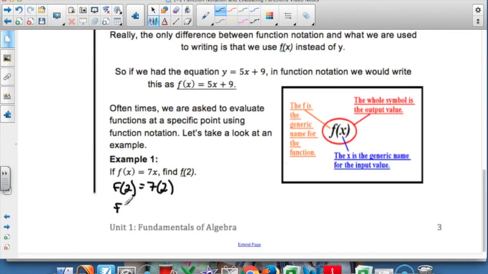So what I get then is f of 2 equals, well, 7 times 2 is 14. So that's my answer. You'll notice that I didn't just delete that x and replace it with a 2, because then I would have had something that looked like this, and I would think that's 72. Remember that this means 7 times x, so you've got to put something there. I usually use parentheses to let me know that I'm multiplying 7 times that 2.